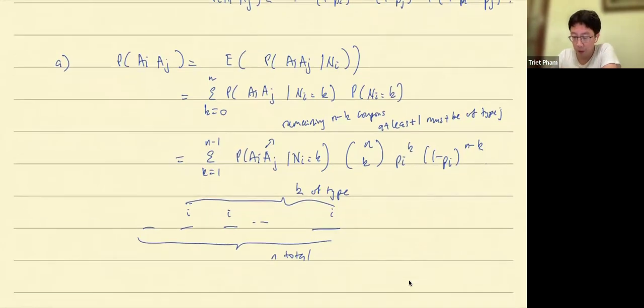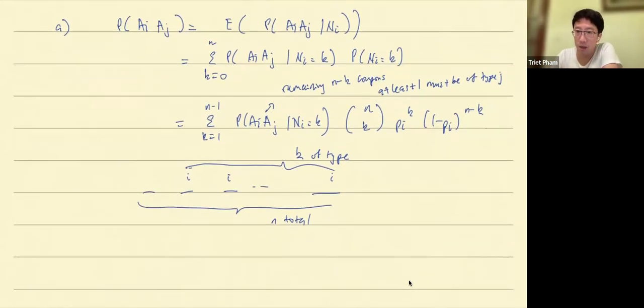So we just have to figure out what is the distribution of the presence of type J in the remaining n minus k random variables. What would that be?